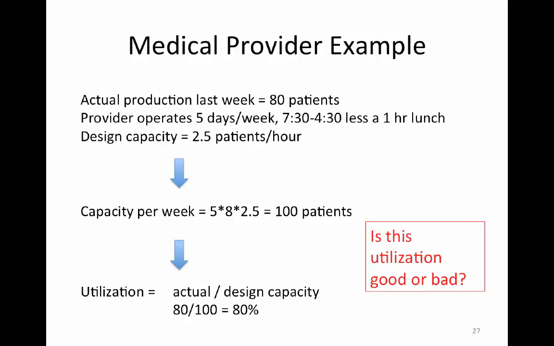The reason is, if there is any variability in this process, then if you're at 100%, you're going to end up with a large queue. Let's say the first patient comes in the door. We said we can see 2.5 patients per hour. But the first patient comes in and takes 45 minutes. What is going to happen for every subsequent patient that comes in?